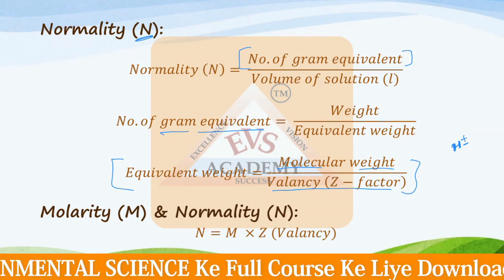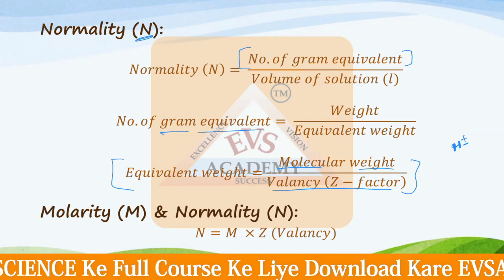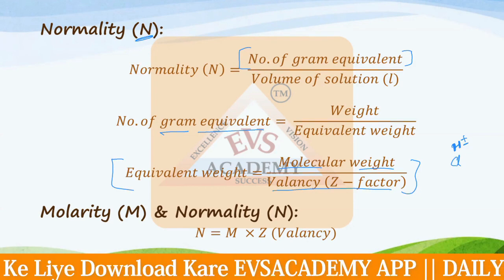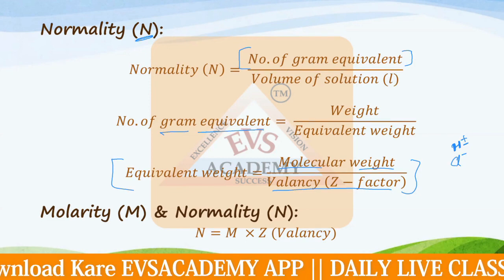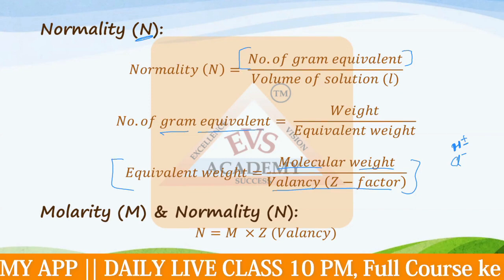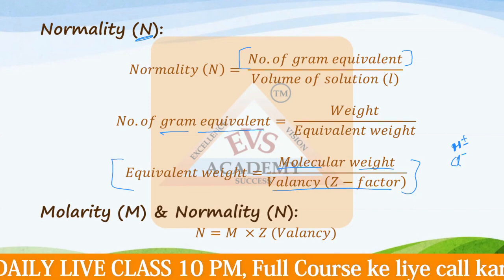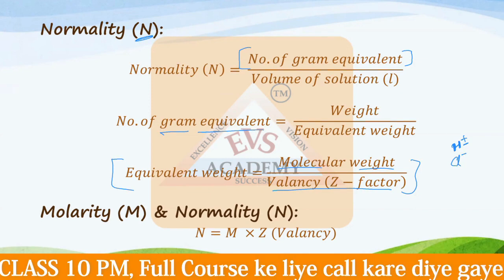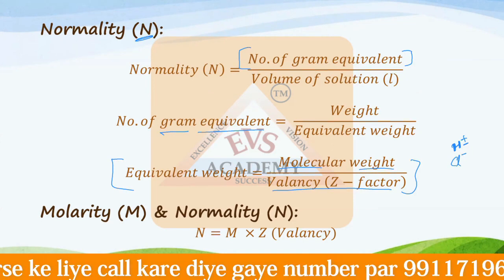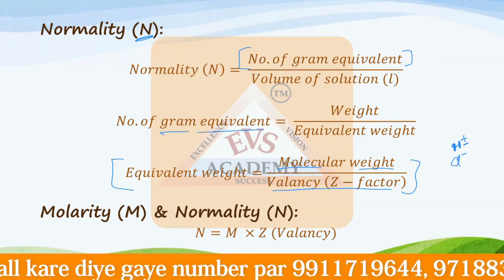If you take any other element, for example chlorine, chlorine also needs one electron. Hydrogen will give one electron, chlorine will take one electron, and with the help of one electron it can satisfy its valency. So valency factor would be the number of electrons required, or that the element is ready to give, to complete its valency.